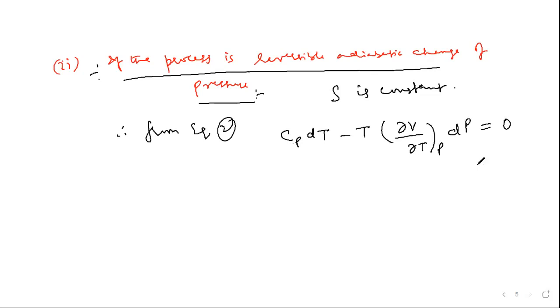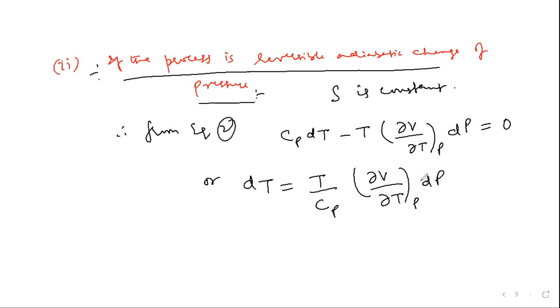Now we solve for dT. What will be dT? We take this to this side, negative negative will go, dT will be T over Cp dou V by dou T at P dP.